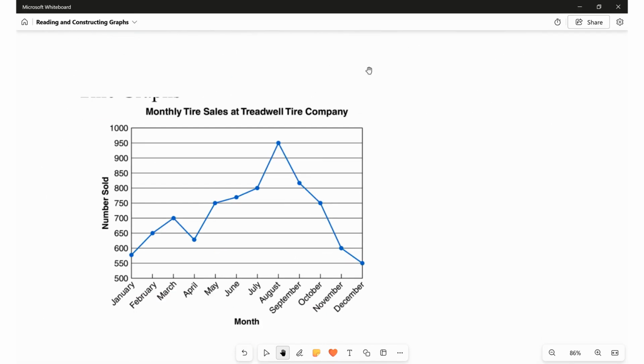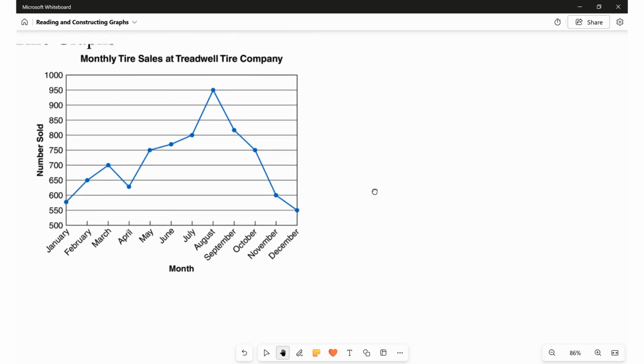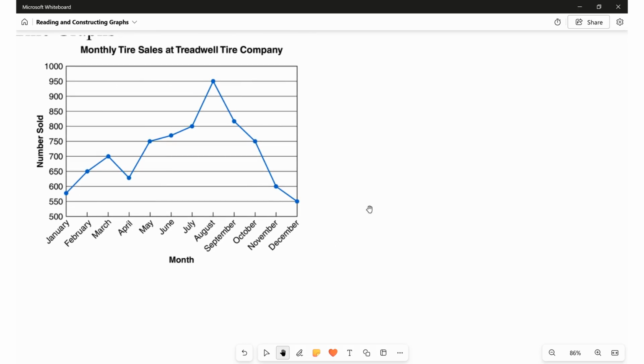Now, another type of graph that we might see is one that is called a line graph.